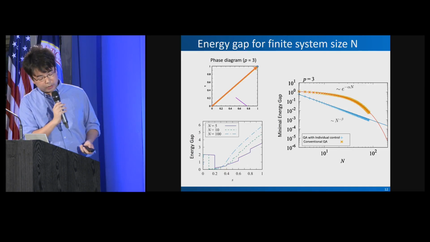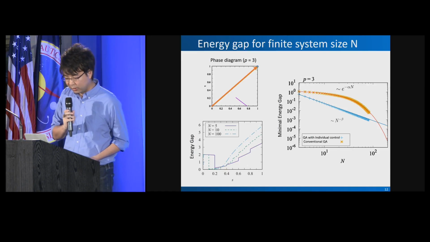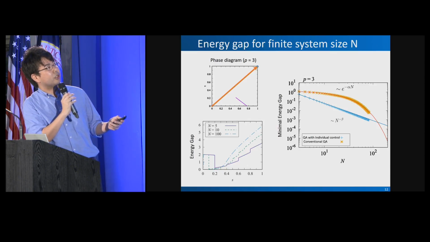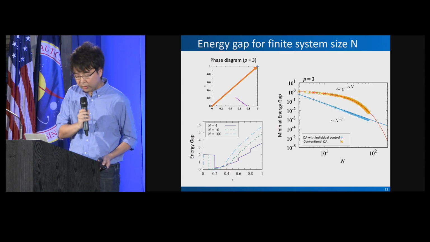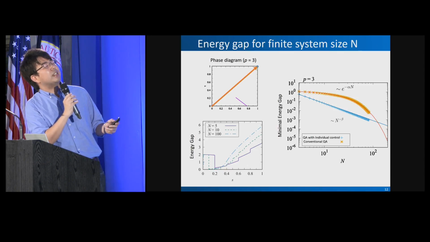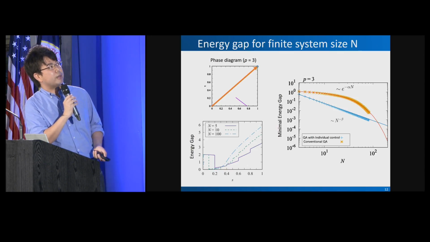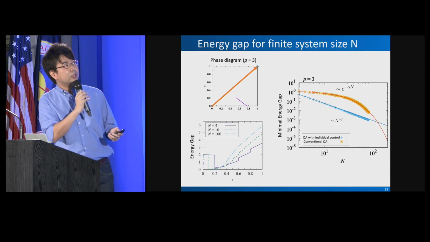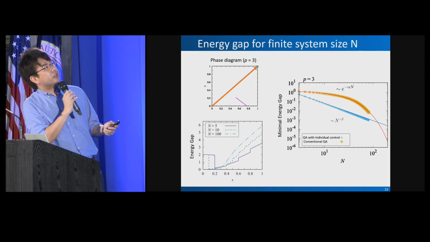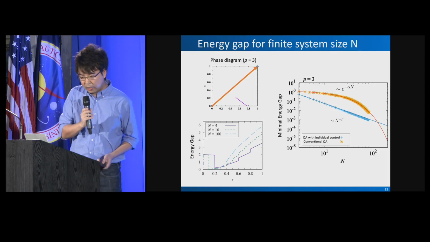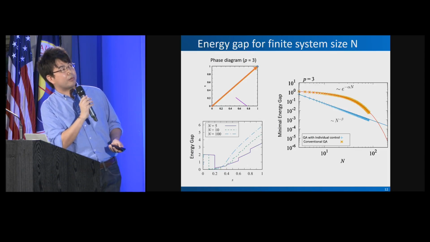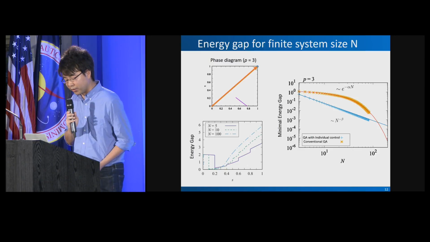So when we switch over the transverse field at first sight, the energy gap takes the minimal value here. And in the right graph, we plot the minimal energy gap as a function of N in the log plot. The blue dot shows at this point, and the yellow dot is the minimal energy gap when we use the conventional quantum annealing.